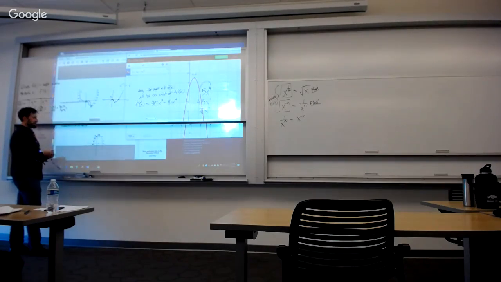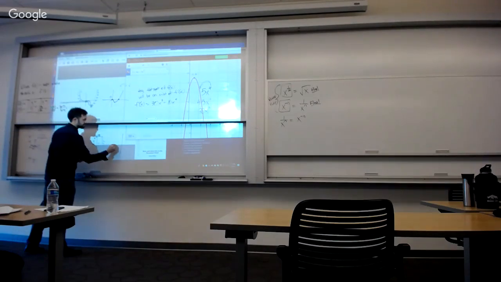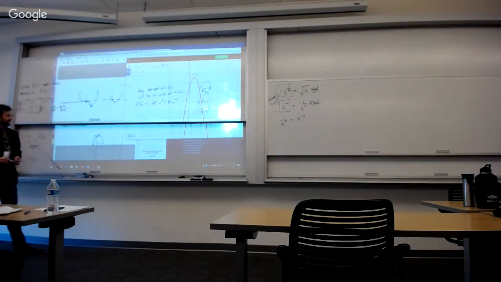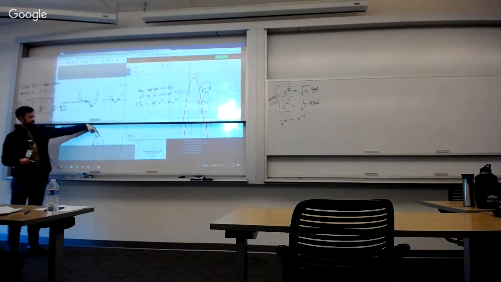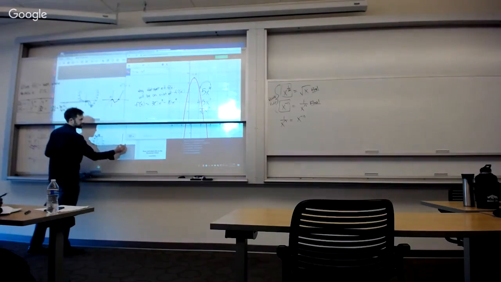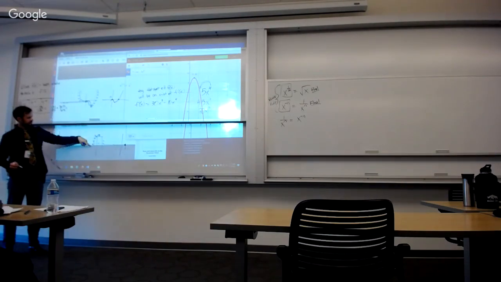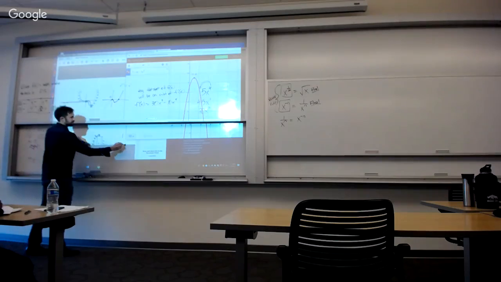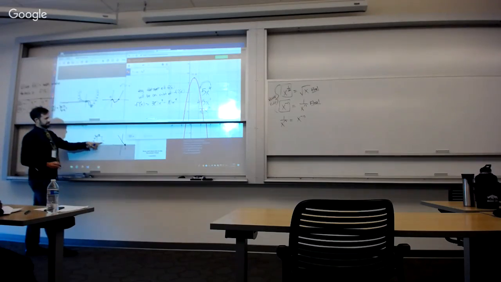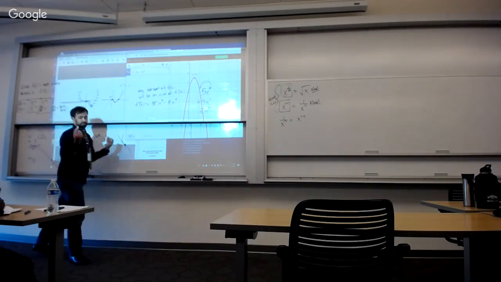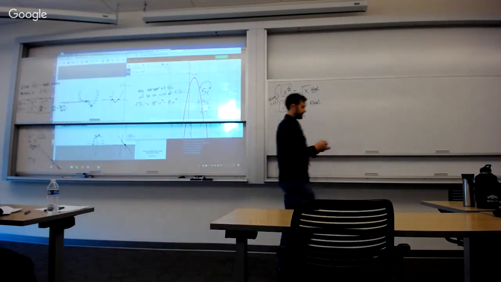So what does that mean for our derivative graph? There's a flat spot at x equals 1, so there's an x-intercept at 1. And then what should our y values be to the left? Positive. Then what should our y values be to the right? Negative. So that's what our derivative function should look like.